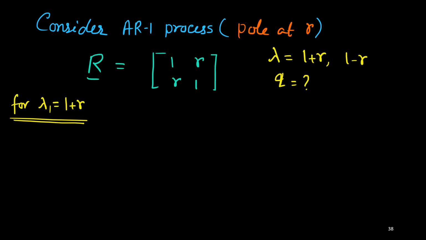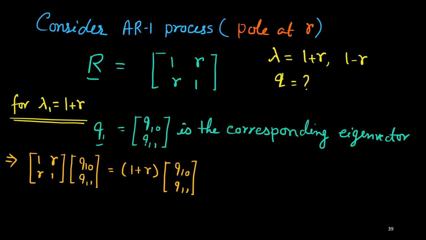Now if I consider first the eigenvalue equal to 1 plus r, I'll call it lambda 1. And for this lambda 1, suppose q1 is the corresponding eigenvector, and this vector is 2 by 1, so a 2 cross 1 vector. Okay, so this element, suppose it is q10, and this is q11. So this is your q1 vector.